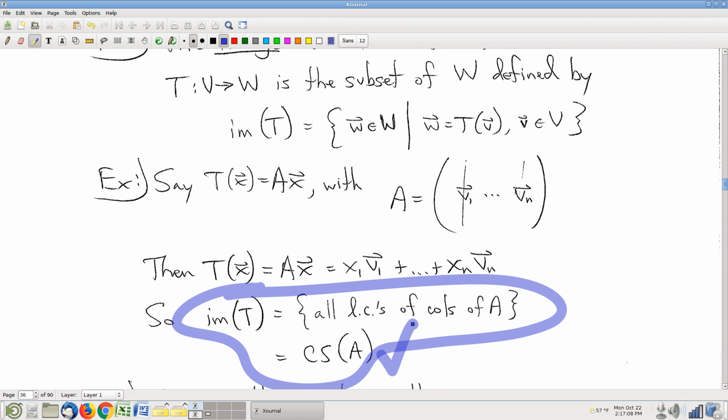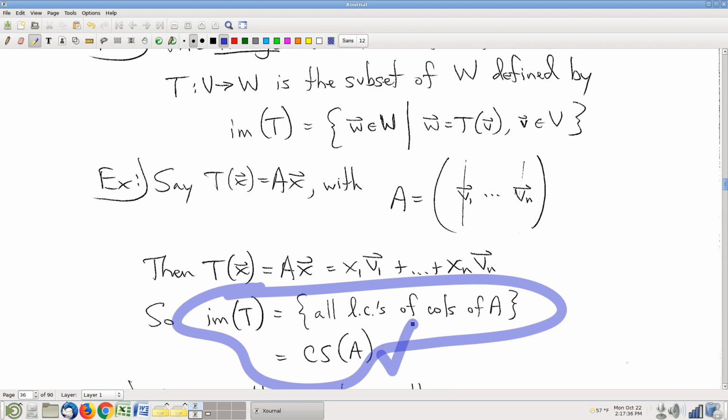We talked back in chapter 2 about the row space and the column space of a matrix, and it seemed like some arbitrary definitions. Things that I guess you could write down for no apparent reason, but why is that interesting? Here's a very crisp answer to the question of why the column space is interesting. Because the column space is the image of the matrix thought of as a function.